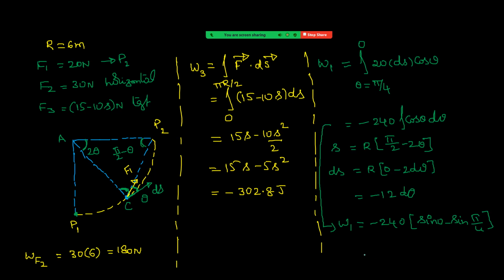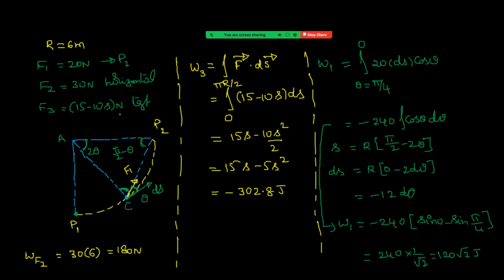So minus minus gets cancelled. It becomes 240 sine 45, which is 1 by root 2. That is 120 root 2 joule. That is our answer.